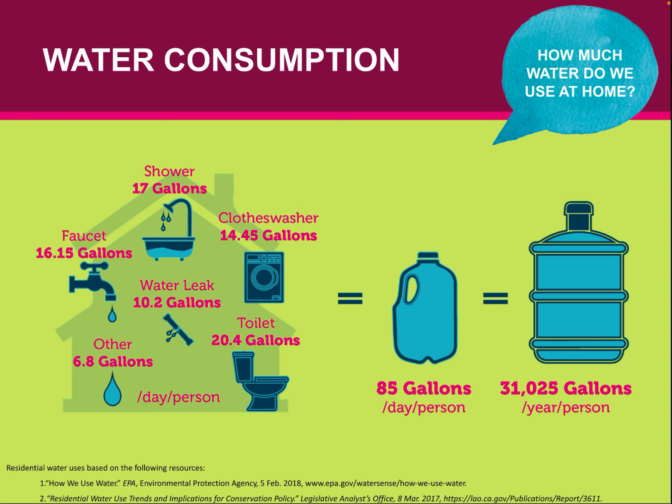So again, if you multiply that by a family of 4, you're looking at about 124,100 gallons of water per household per year used, and that is solely just water consumption with the regular shower, faucet, clothes, water, other such type things. And the sources are at the bottom if you want to check out some more.